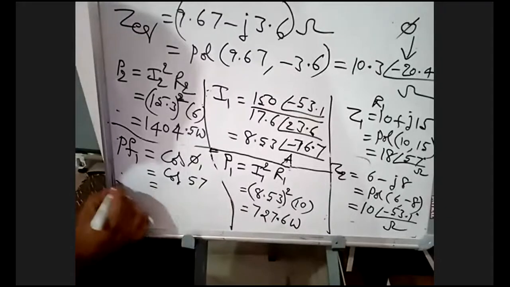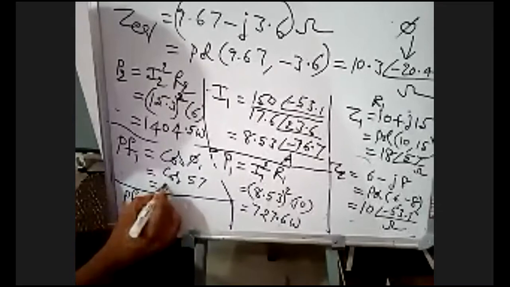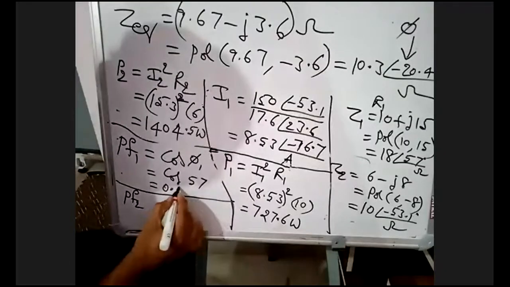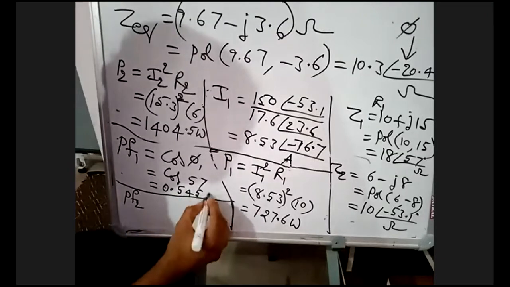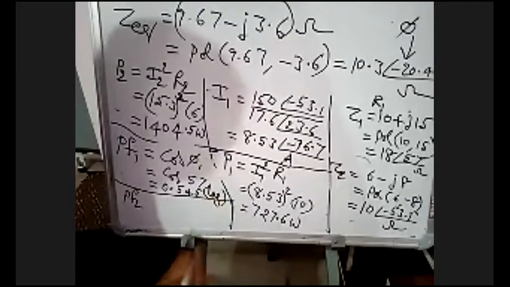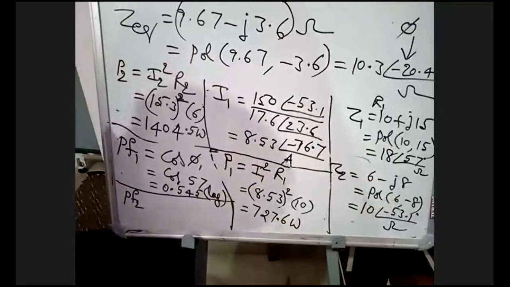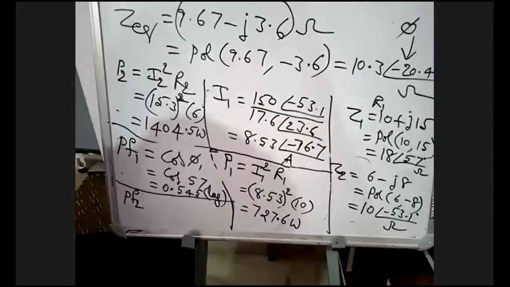This is power factor 1 of the first circuit: 0.545. Lagging or leading? What is your Z1? R1 plus jXL. So lagging. Z1 is an inductive circuit.